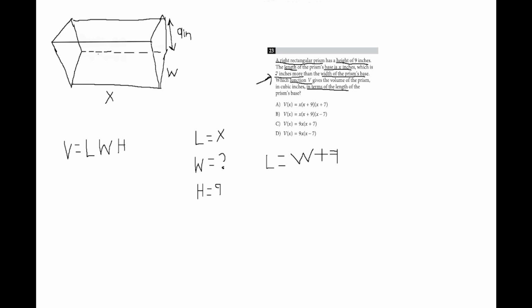Because we want to write the function in terms of the length of the prism's base, we're going to rewrite L as x. So x is equal to W plus 7. Now we want to have W by itself, so we subtract 7 from both sides. Our equation is now W is equal to x minus 7.